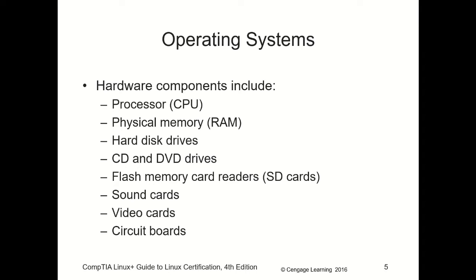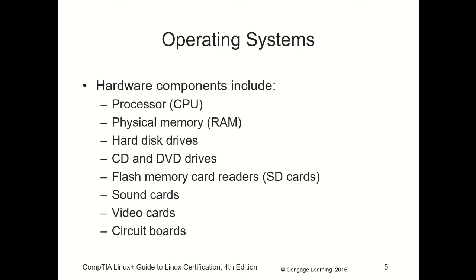Now inside a computer you have many hardware components, mainly the processor or CPU, the physical memory or RAM, random access memory, and hard disk drives. You can have multiple types of magnetic disk, or those solid state disks today, solid state devices.